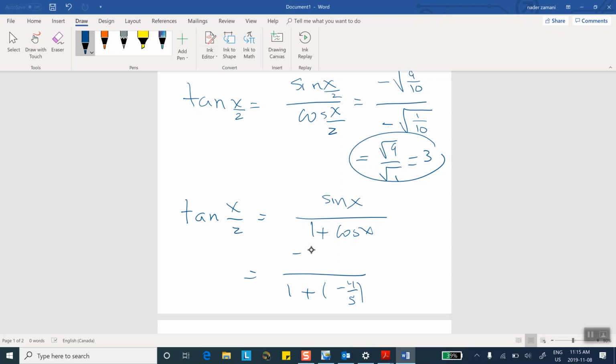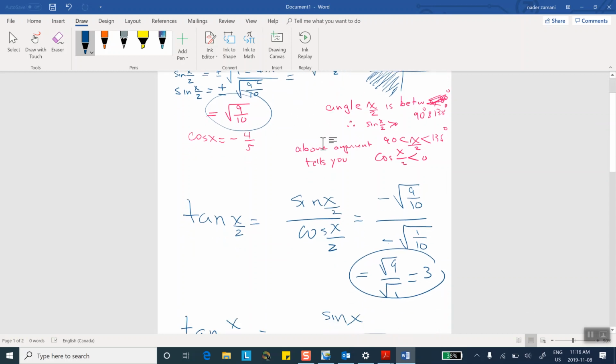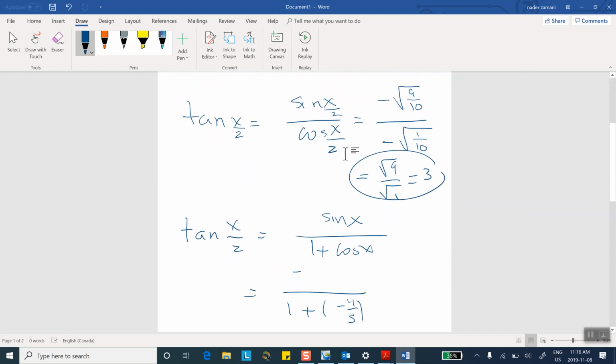And if you look at the sine of x, our x is here, which means the sine is also negative, right? So that's also negative, minus 3 over 5, and this is minus 3 over minus 1.